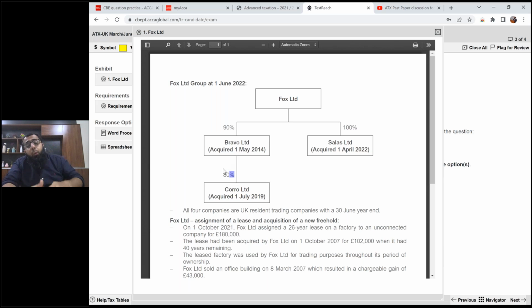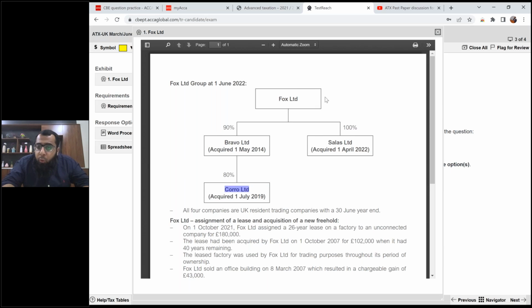If the indirect holding is 72%, you can form a capital gains group with Coro Limited, but you cannot form the 75% group. I will repeat it again. Fox, Bravo, and Salis: these three can form capital gains and 75% group both.